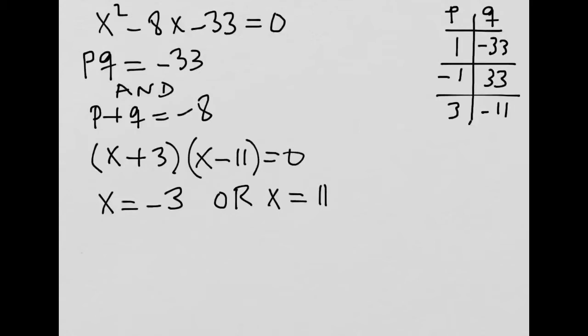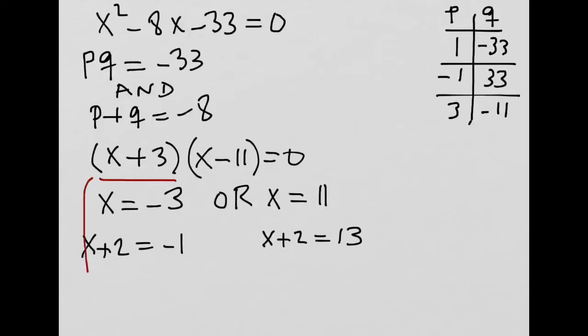Notice this is the first odd integer, so the consecutive odd integer to that, x plus 2, would be negative 1. And in the second case, when x is 11, the next odd integer would be x plus 2, and that's 13. So this problem has two solutions.